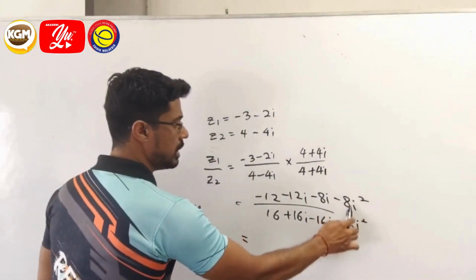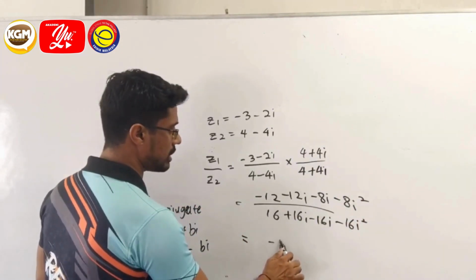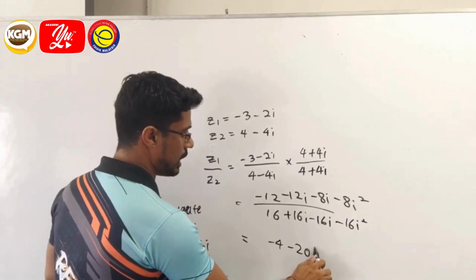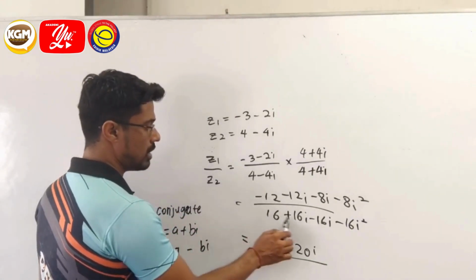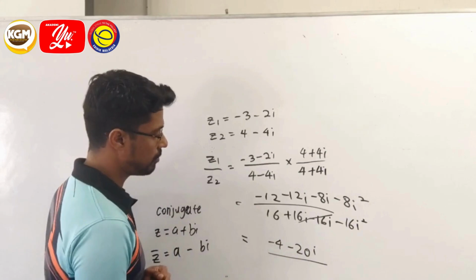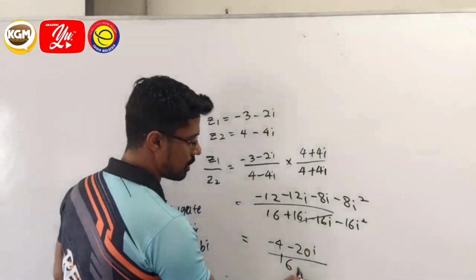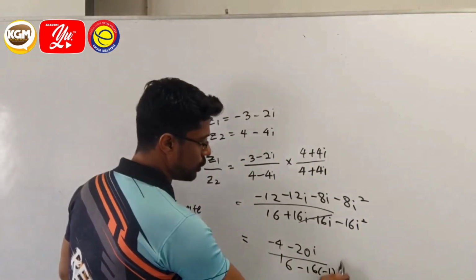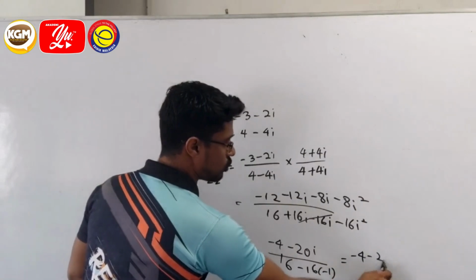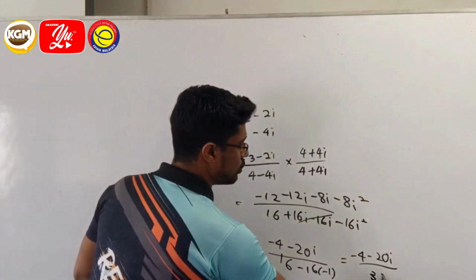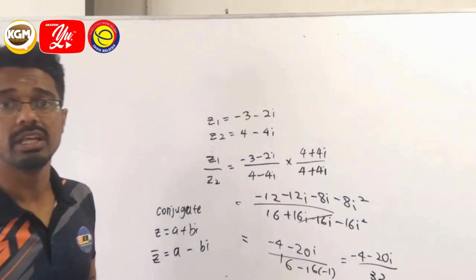And then this guy here, negative 1, you get negative 4, minus 20i. The bottom, this guy, gone. 16, negative 1. So you're going to get negative 4 minus 20i over 32. Hope that's clear for you.